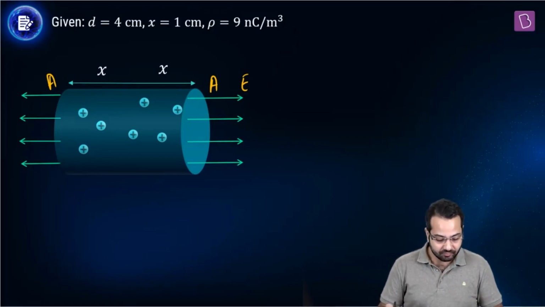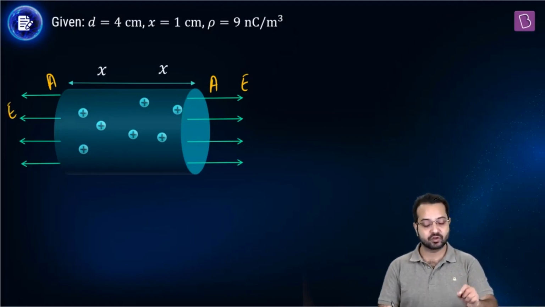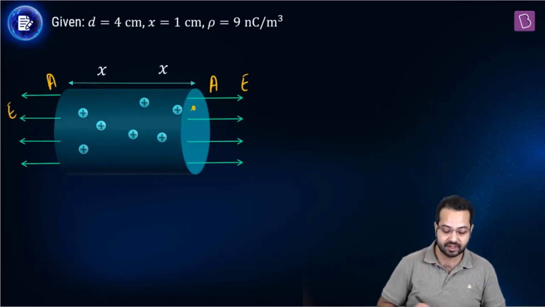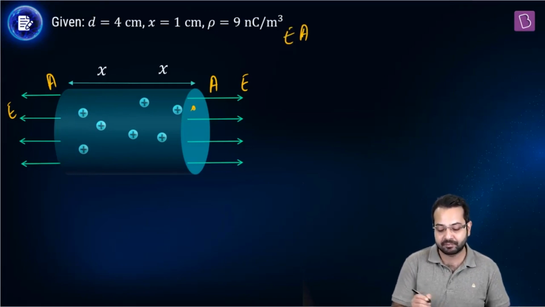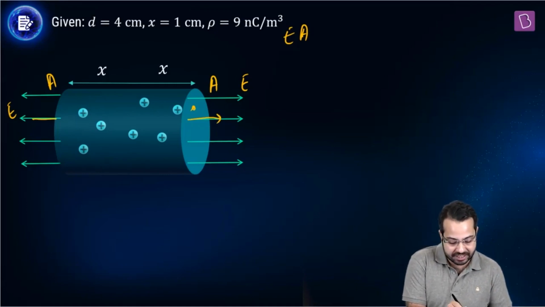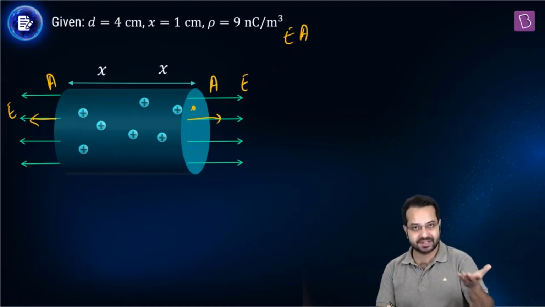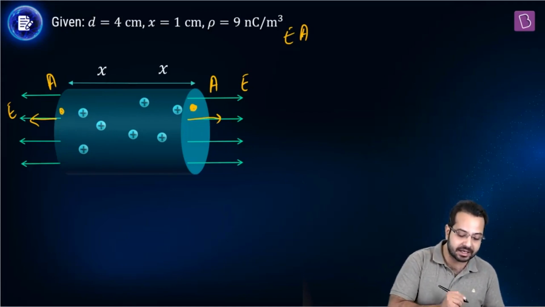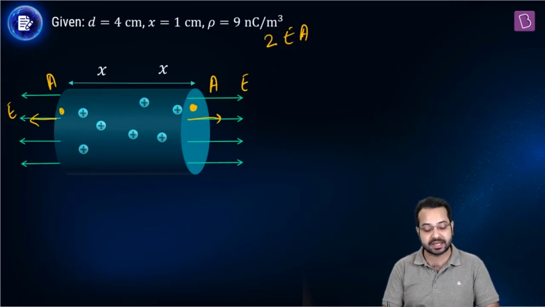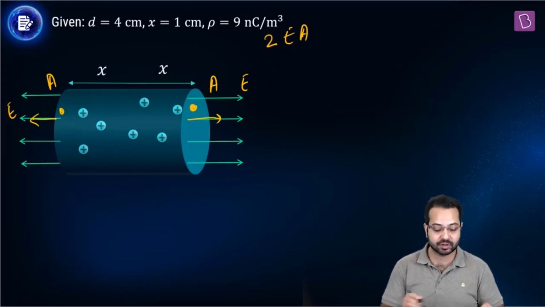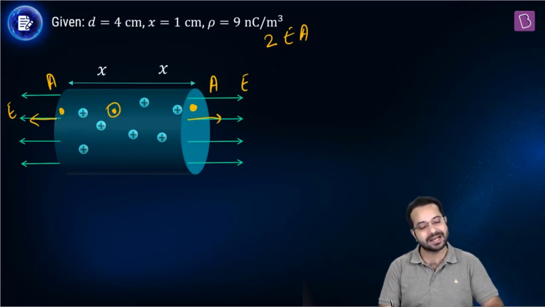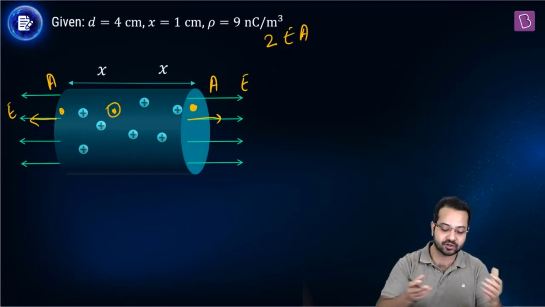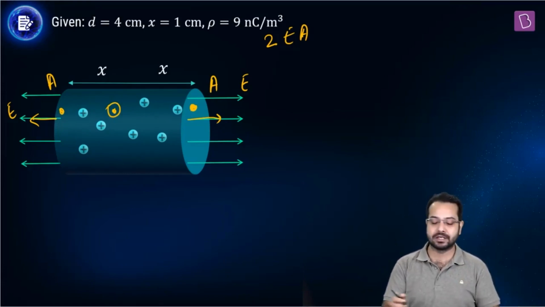All right, so electric field E, area A. So the flux through this surface is going to be E into A, because area vector is making 0 degree. Correct. Here also the area vector is making 0 degree. So EA cos 0 degree is simply EA. So EA on this surface, again EA on this surface, so this becomes 2EA. And then what is the flux through the curved surface? The area vector is perpendicular to the electric field, hence it is 0. So the net flux through this Gaussian surface is simply 2E into A.